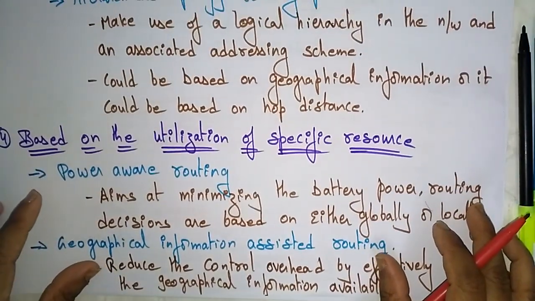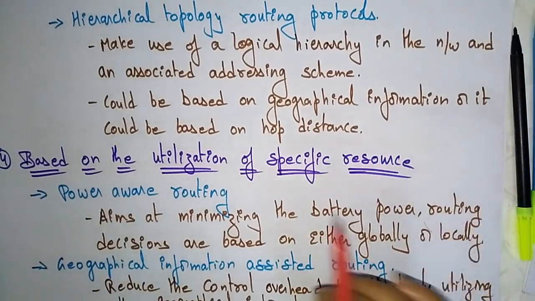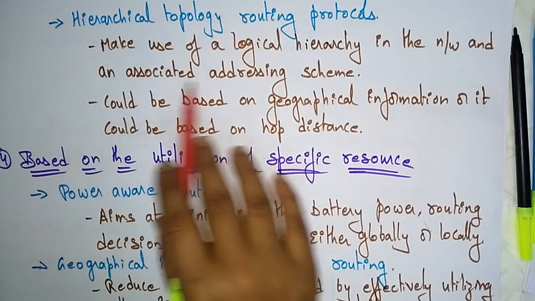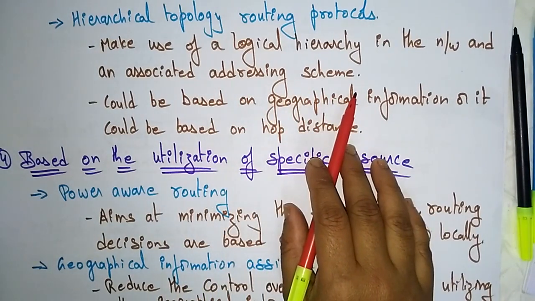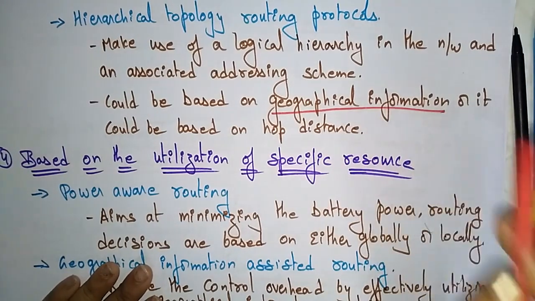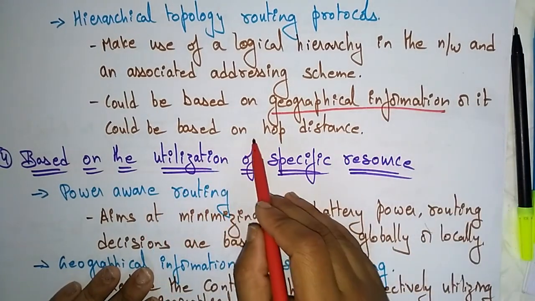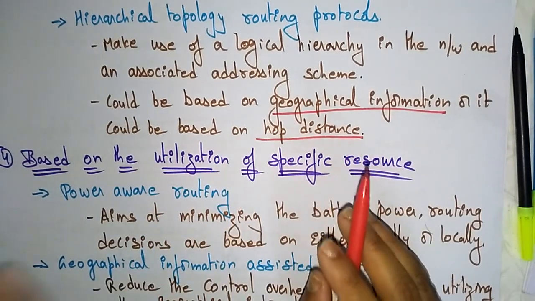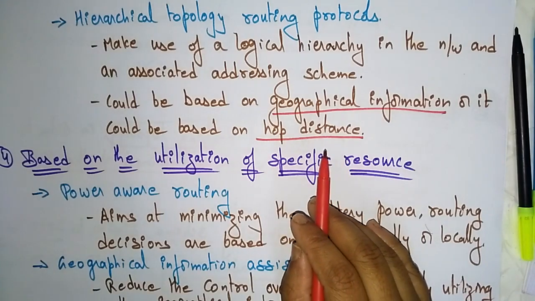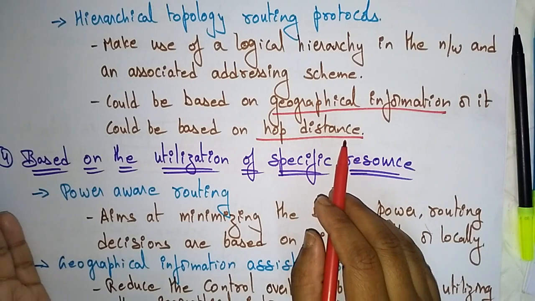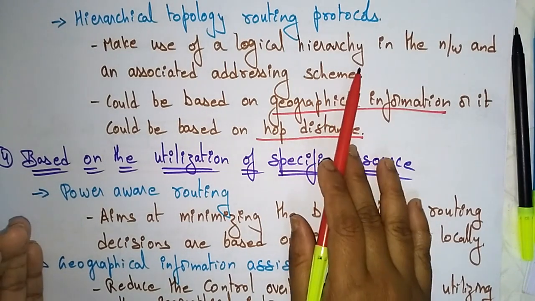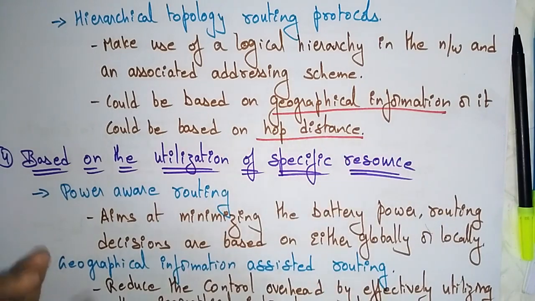Hierarchical topology routing protocols make use of a logical hierarchy in the network, and associated addressing schemes are used. It could be based on geographical information or on the hop distance.